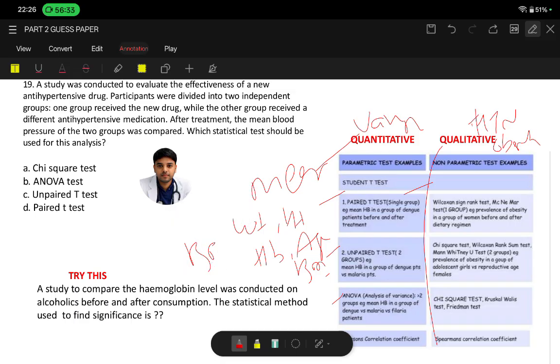So you have to rule out the chi-square. You have to take either paired or unpaired or ANOVA. They asked you mean blood pressure, 2 groups. So it's going to be your unpaired test. Okay, done.